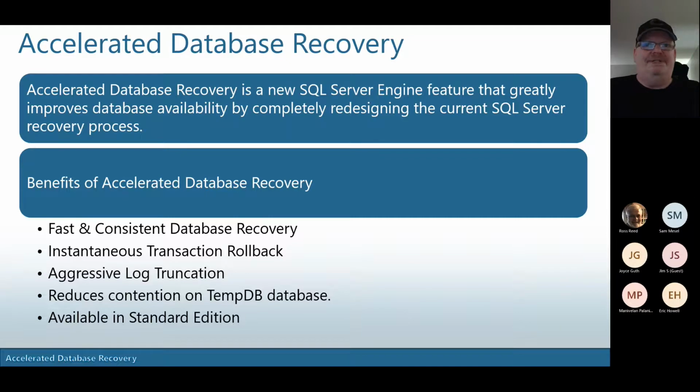One of the side benefits of ADR is that we create a persistent version store using row versioning. Once I enable ADR, all that row versioning and snapshot isolation is now stored in your persistent version store, offloading that contention from your TempDB. So it's improving performance in that area.